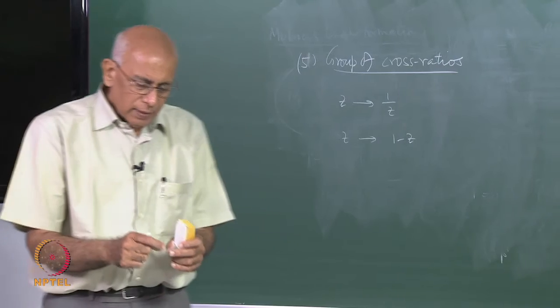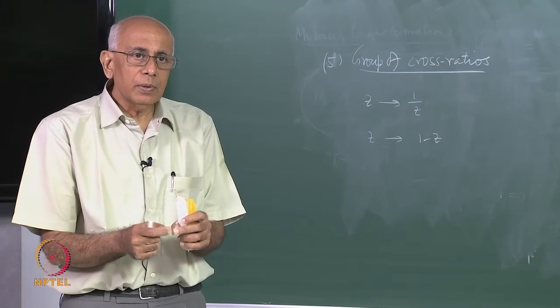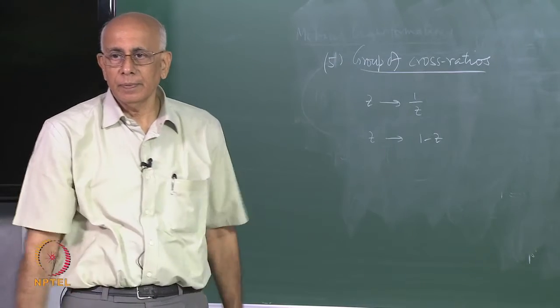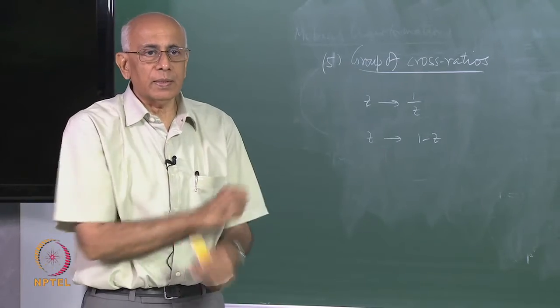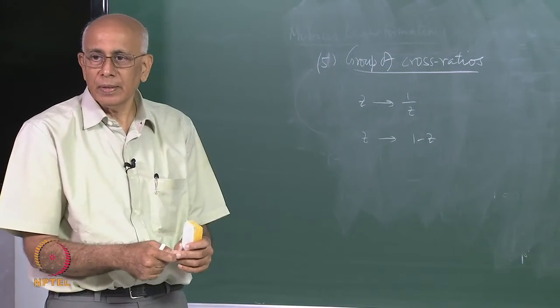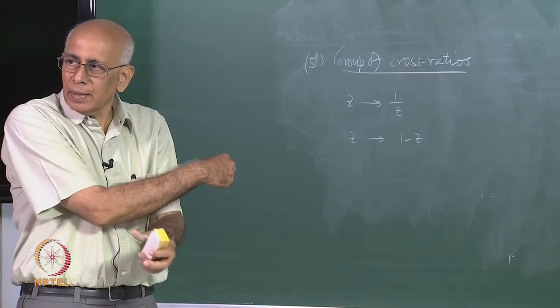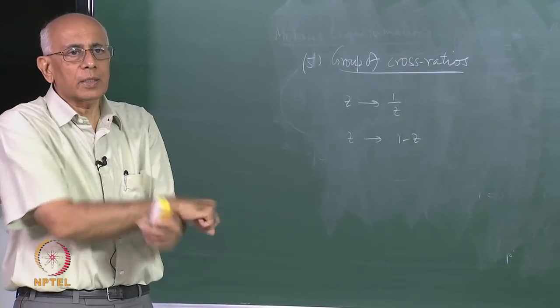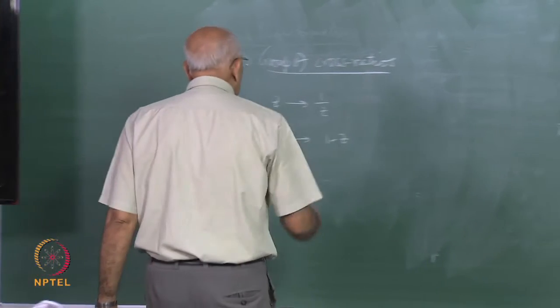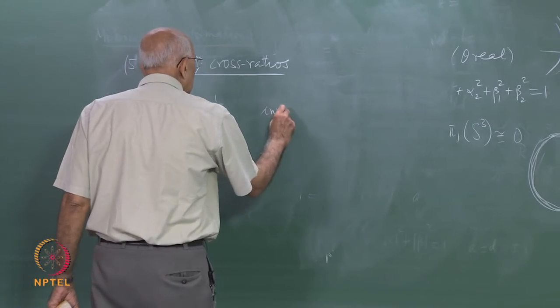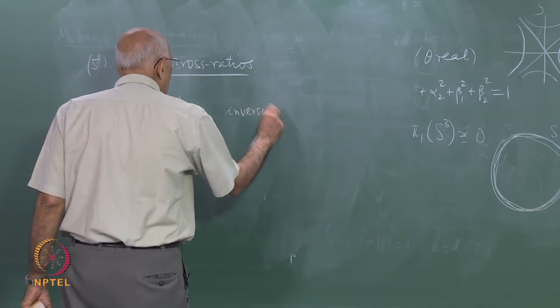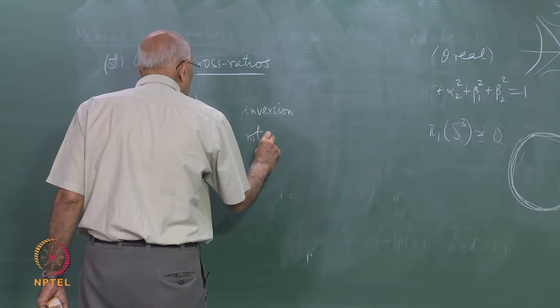Well, it says about the point z equal to half, you rotate by pi, and z goes to 1 minus z. And the point half remains invariant, as you can see. So it is a rotation about half, but since you are also changing z to minus z, there is a minus sign there, it is a rotation by pi. So this is an inversion, and this is a rotation.